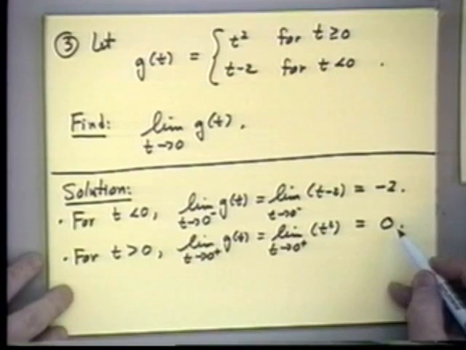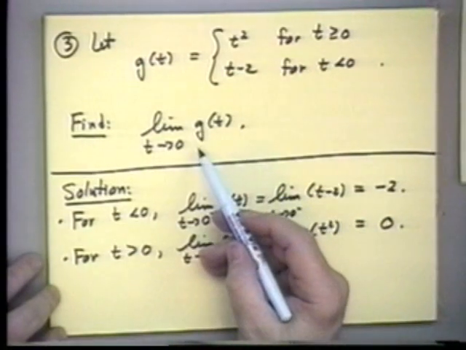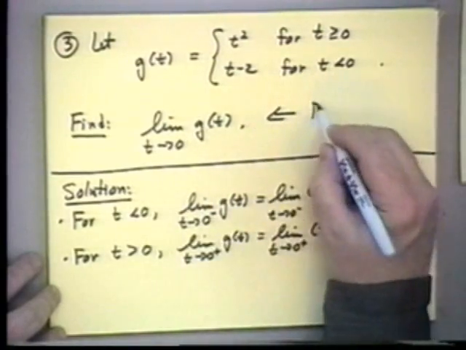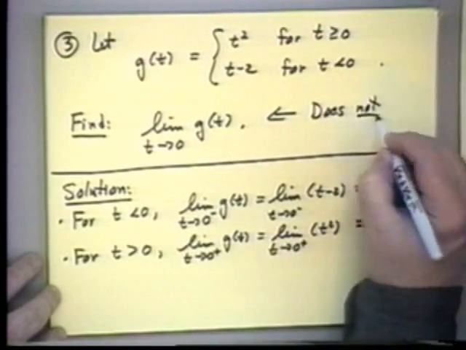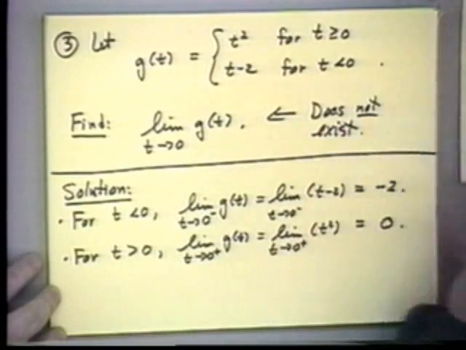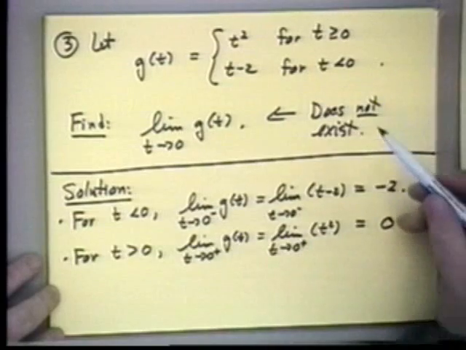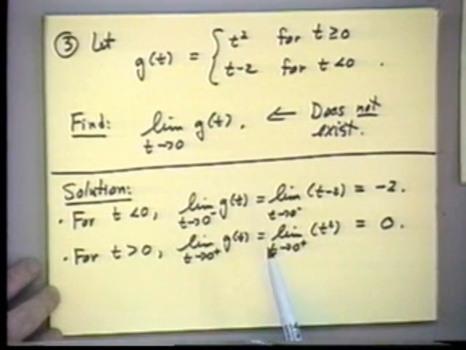These two, of course, are not equal, so that means immediately that the two-sided limit does not exist. So I could write here does not exist. I have gained the knowledge that the left and right limits are these two numbers, and that this does not exist. But you may have noticed something here.